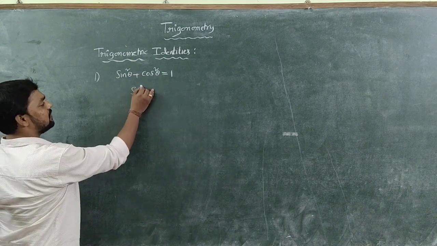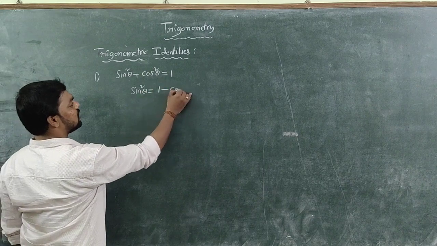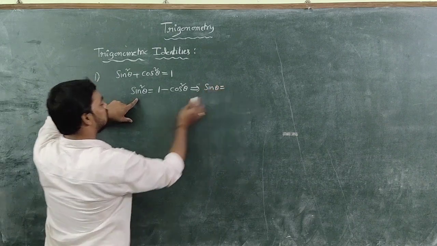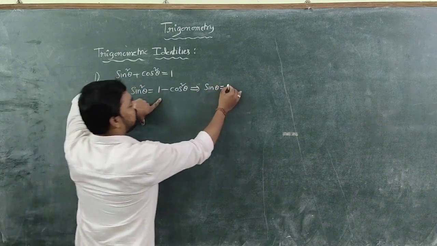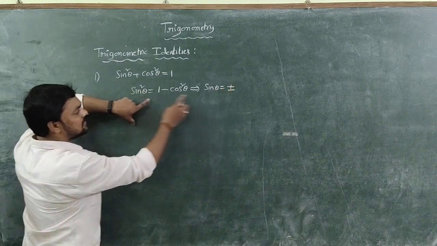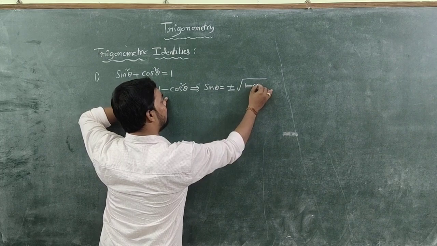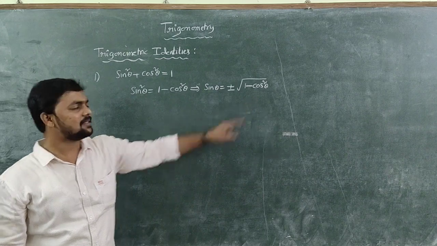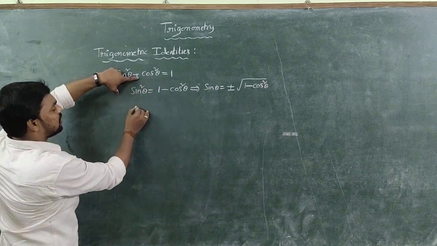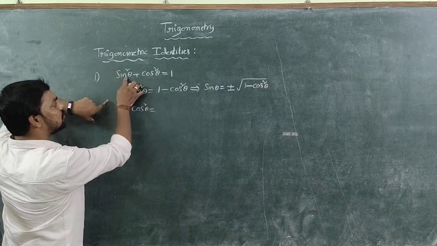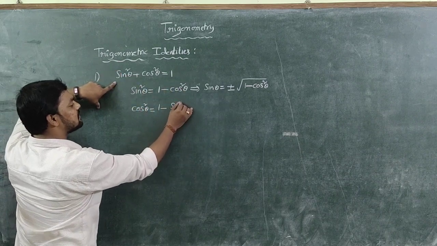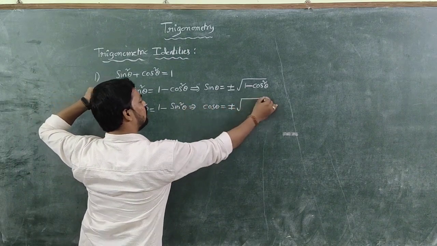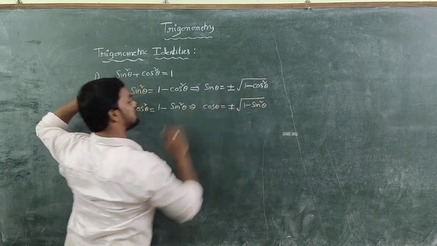From this, sin square theta is equals to 1 minus cos square theta, and from this the square root will be transferred like this, so sin theta is equals to plus or minus root of 1 minus cos square theta. In the same way, cos square theta is equals to 1 minus sin square theta, and cos theta is equals to plus or minus root of 1 minus sin square theta.